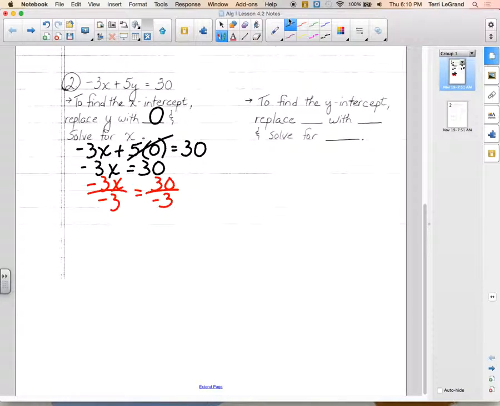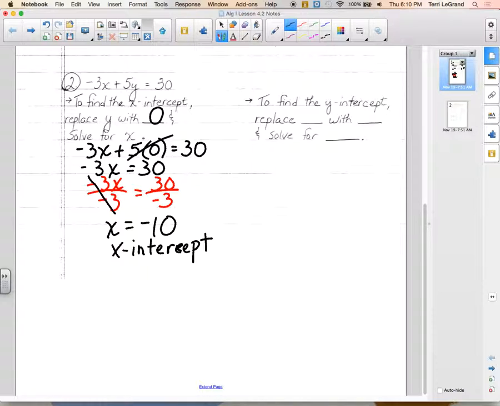And we're going to get an x value of -10. This is our x-intercept. So if we were going to graph this, one of our points would go at -10 on the x-axis.